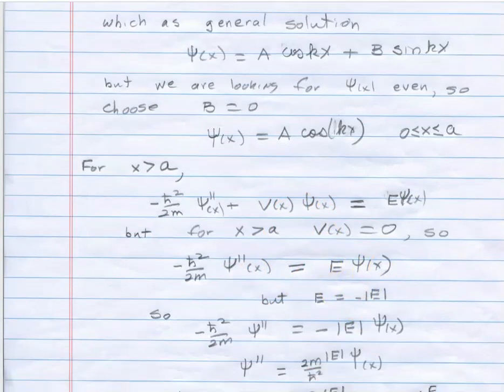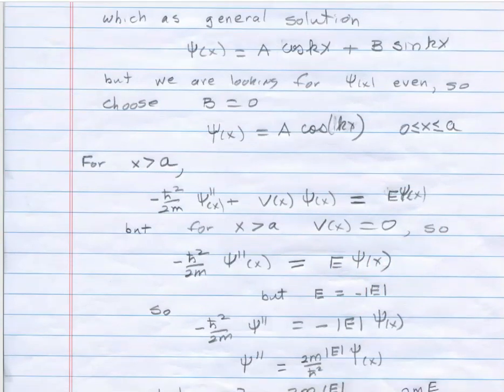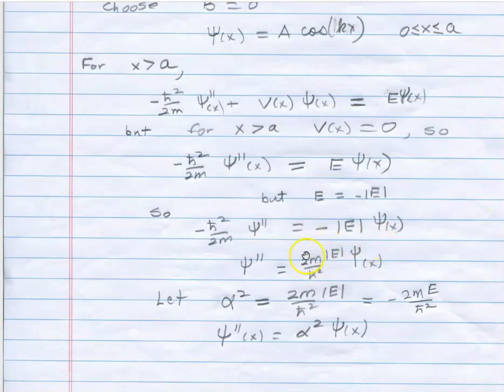And I can again just note that the energy is negative, and so I could write it as minus its absolute value. And then I have the two minus signs and come back to this. So that explicitly shows that this constant that's in front of psi is a positive constant.